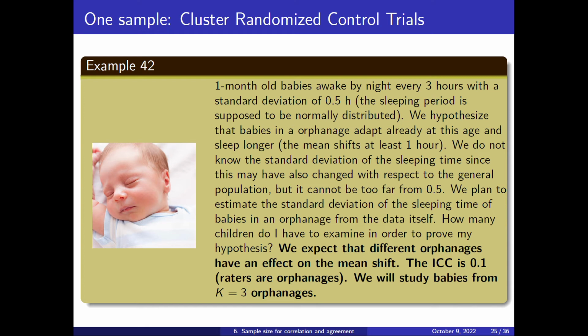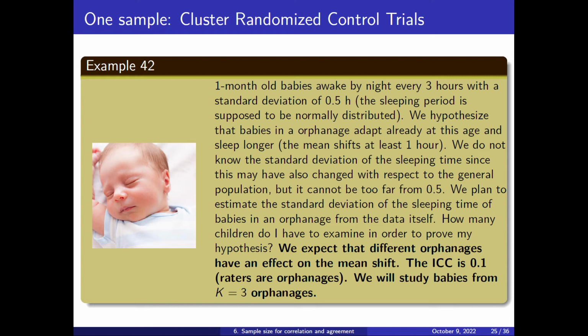And we will repeat this experiment in 3 different orphanages, so that it might be that different orphanages have people that attend more or less these babies, and then that makes a difference.